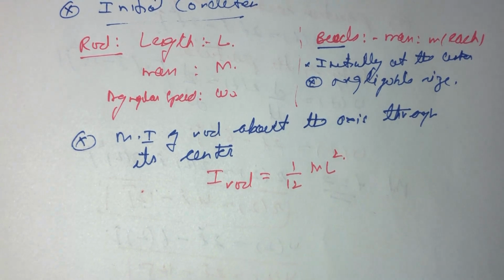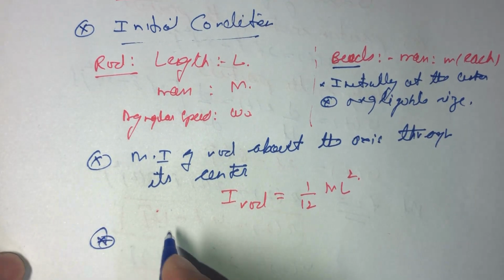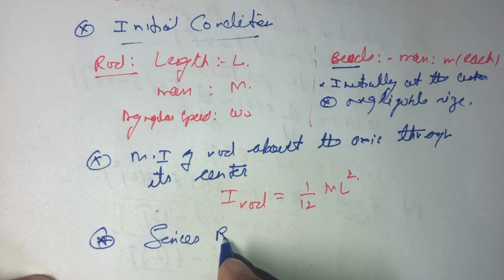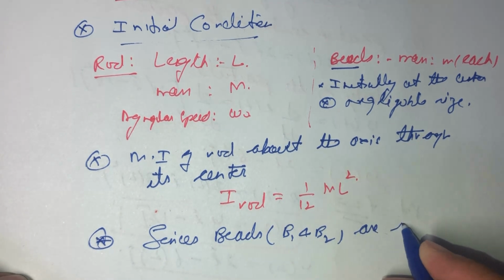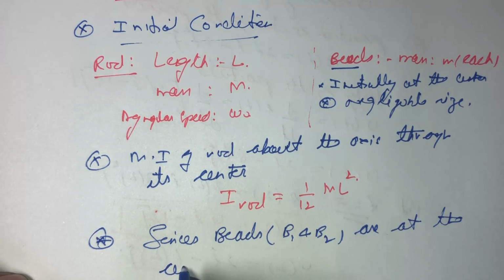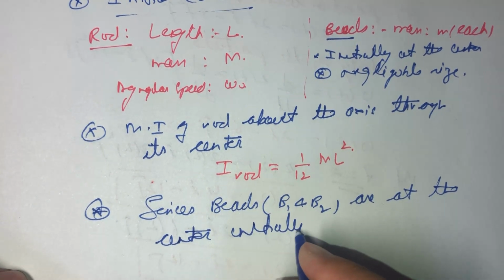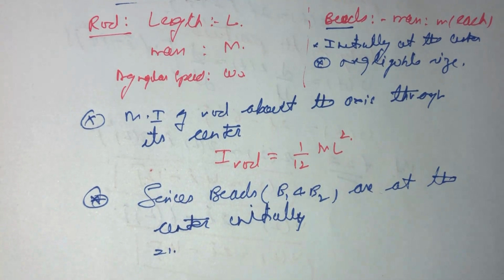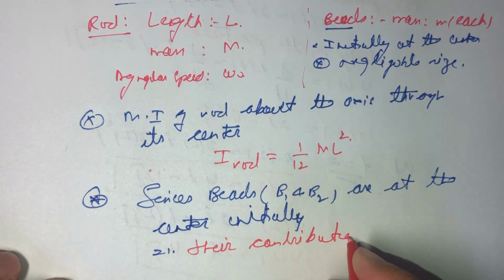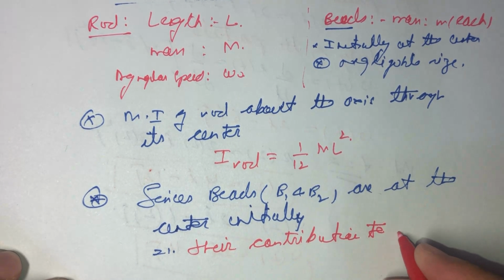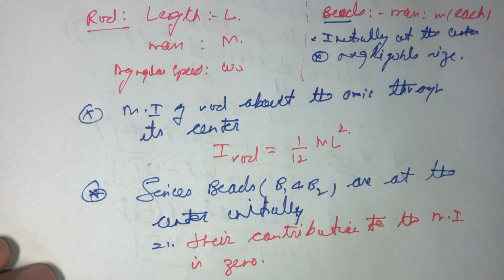And since initially both the beads B1 and B2 are at the center, therefore their contribution to the moment of inertia is 0. Okay, and this is for initially only.